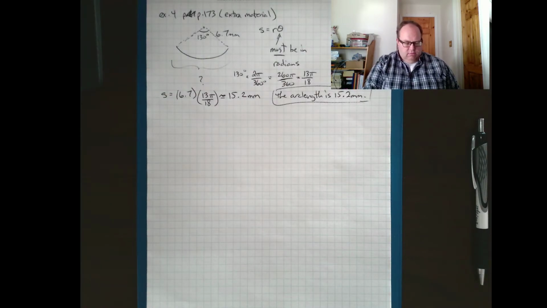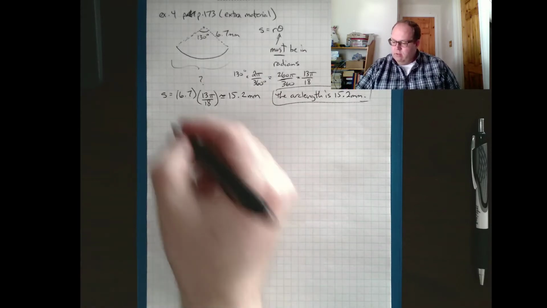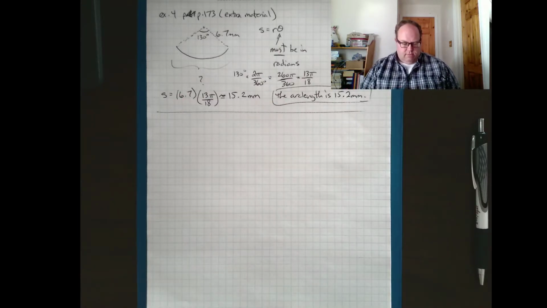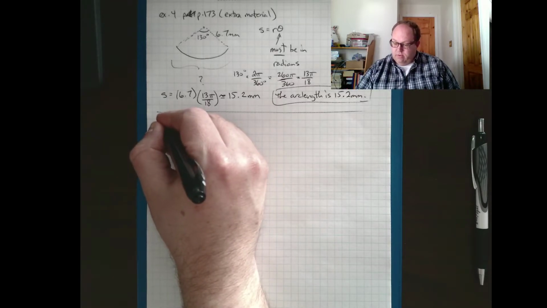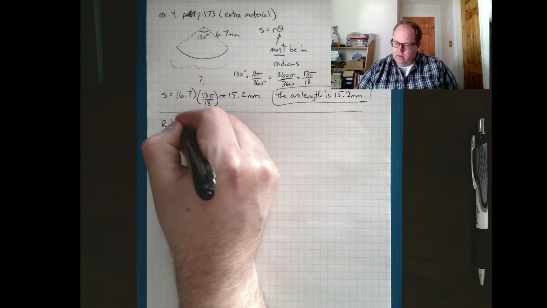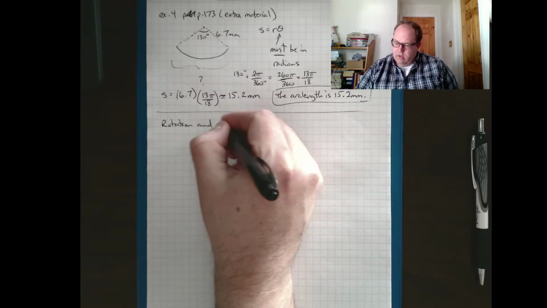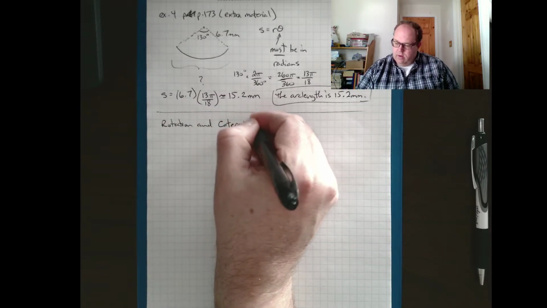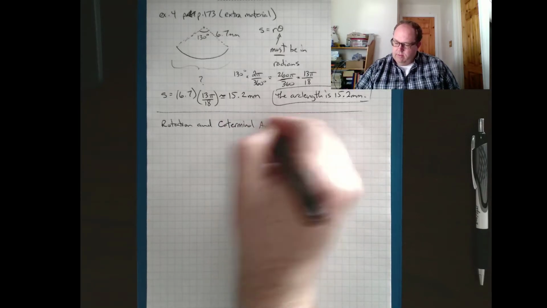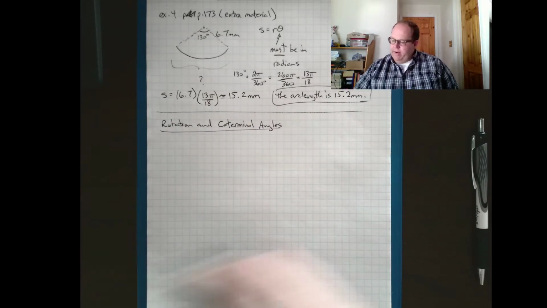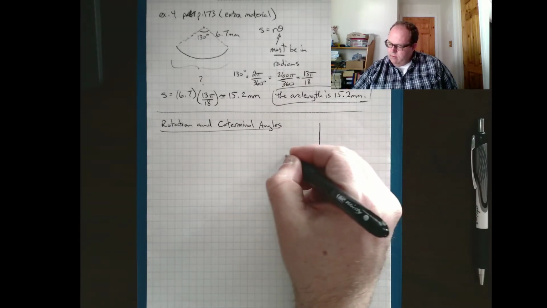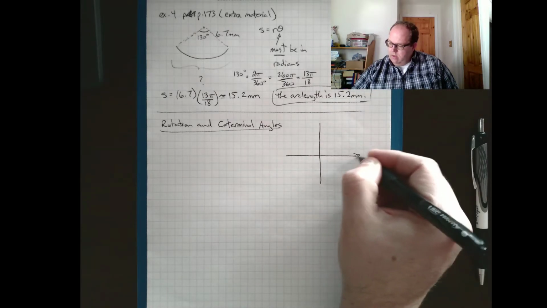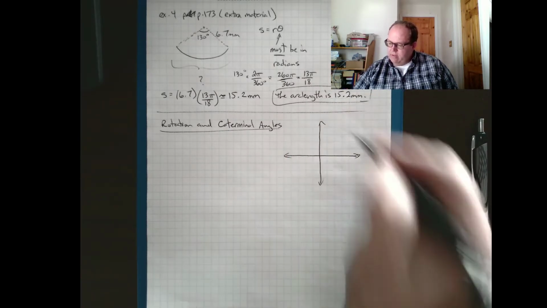Okay, moving forward, I'll talk a little bit about how we report angles. And that gets into the notion of coterminal angles and rotation. All right, so let's say that I've got a nice little setup to show an angle.